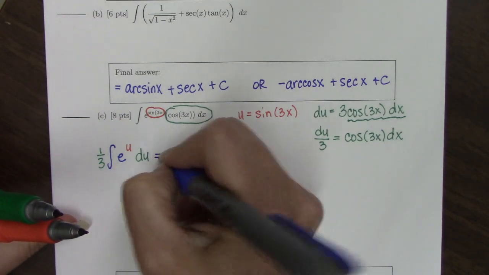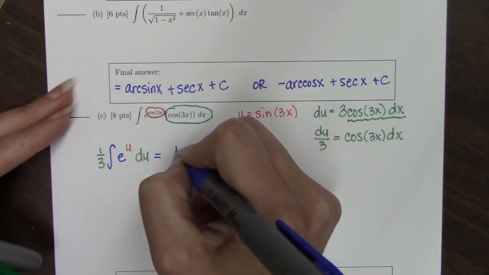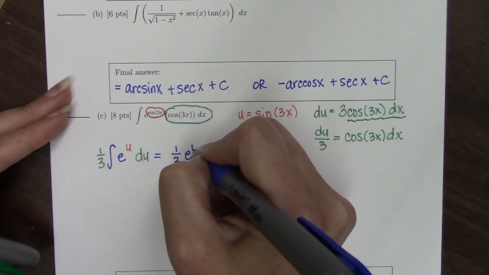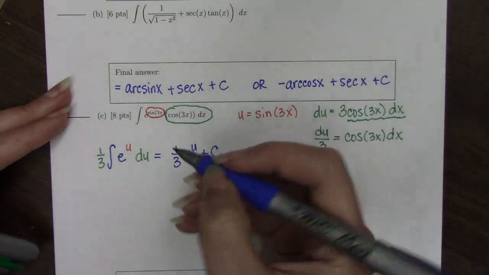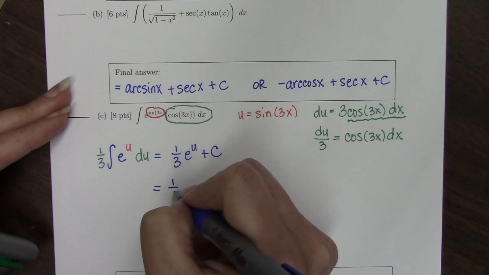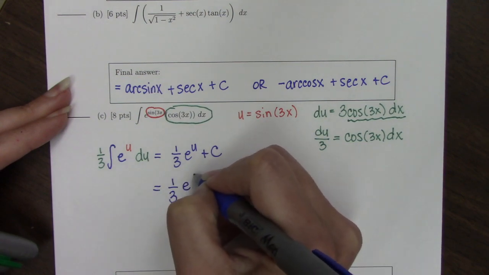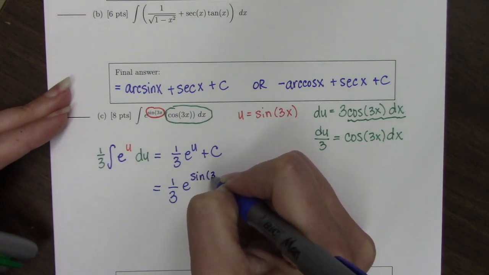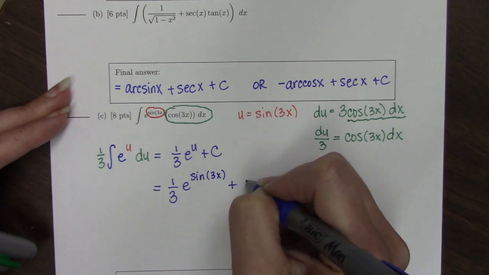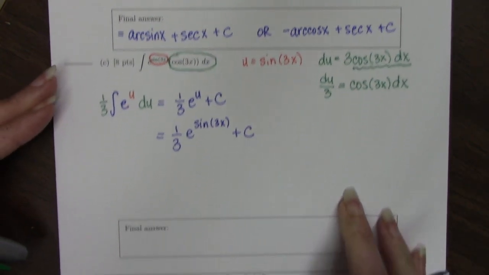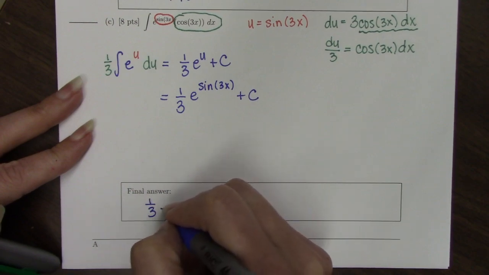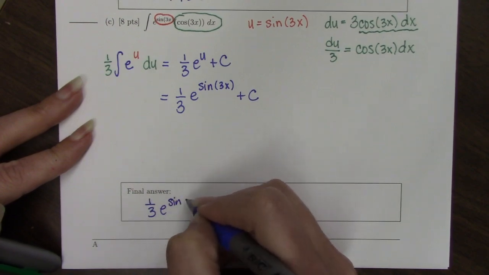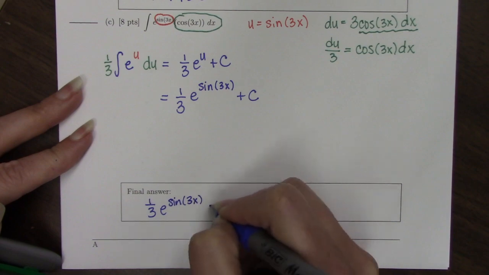So the antiderivative of this is 1/3 e to the u plus c, but I need to go back to my original variable x, so 1/3 e to the sine of 3x plus c. And that is what I'll put as my final answer.